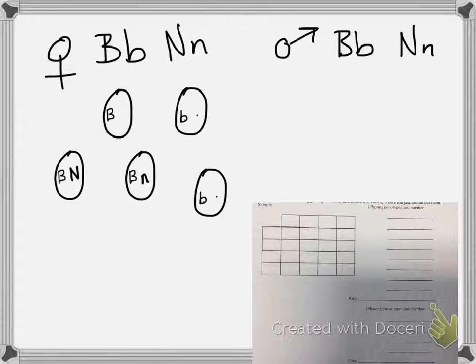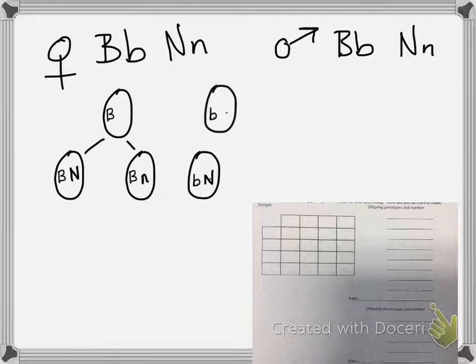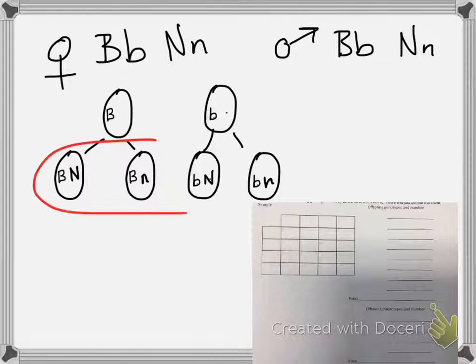And of her little b egg, there's a 50% chance it will get an uppercase N, and a 50% chance that it will get a lowercase n. All right, so there are 4 possible combinations for her eggs.